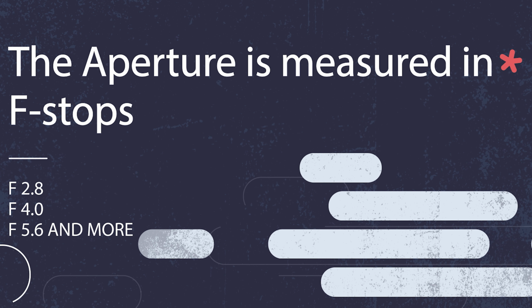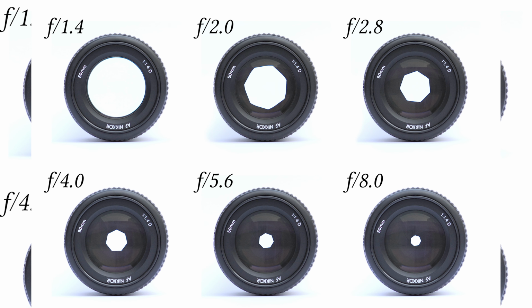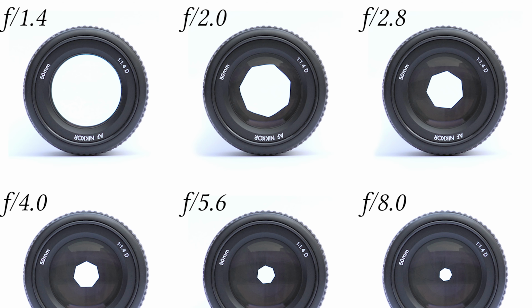f2.8, f4, f5.6, and more. A small f-stop value, for example f2.8, means a large aperture opening, allowing more light in and creating a shallow depth of field to the subject.